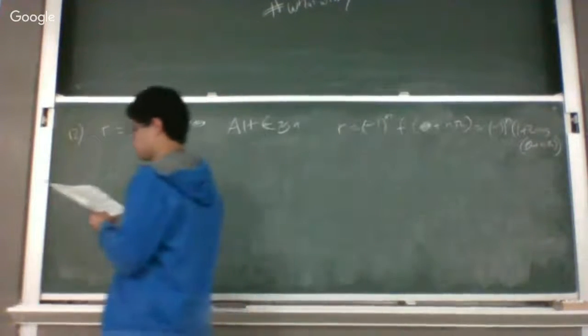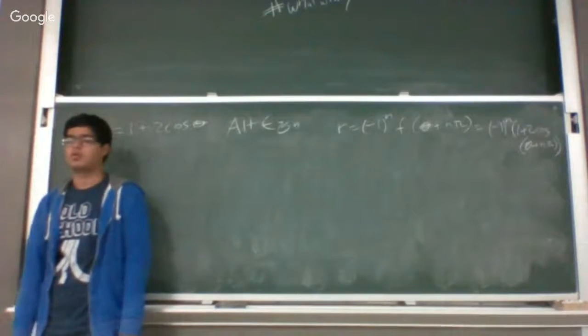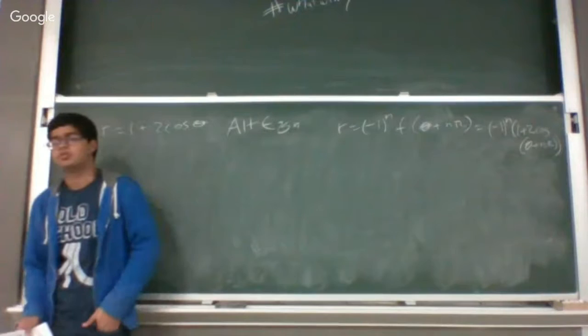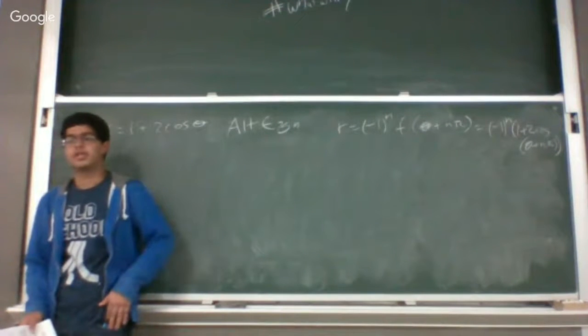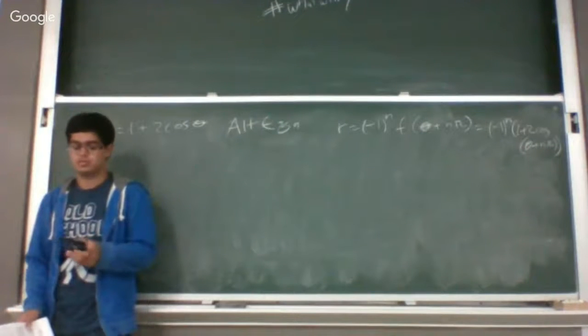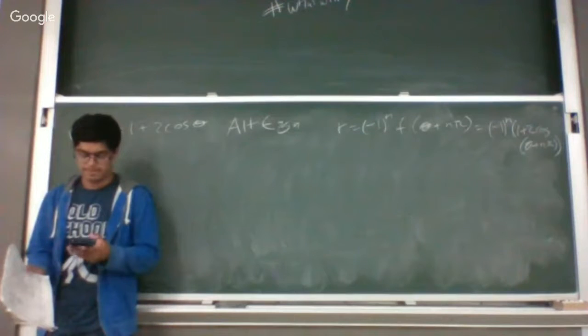How do you know when to use that equation versus the one where it's not a function, where there's no theta in it? Or the odd and even thing? Yeah, the odd and even.